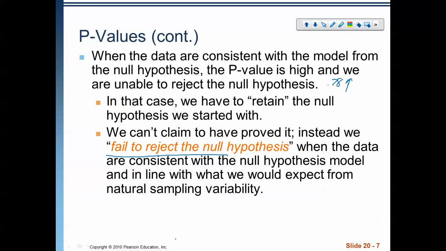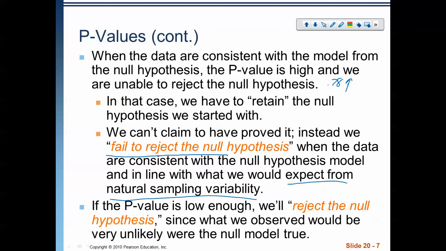We just say we don't have enough evidence to reject it. We don't say that it is true. We just can't prove that it's not true. The p-value, the event happening given that that's true, is fairly high. The little bits of difference that we see could be from natural sampling variability.